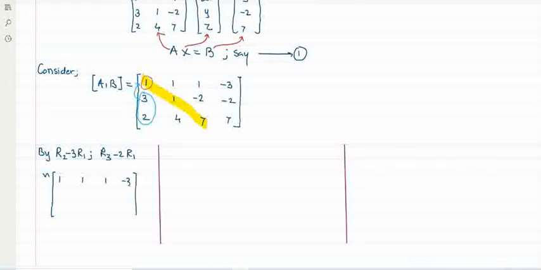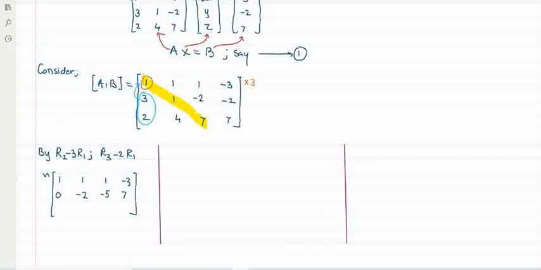Multiply first row by 3 and subtract. Tell me: 3 minus 3, 1 minus 3, minus 2 minus 3, minus 2 plus 9. Correct?